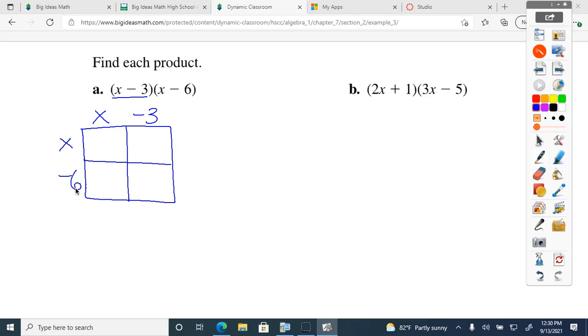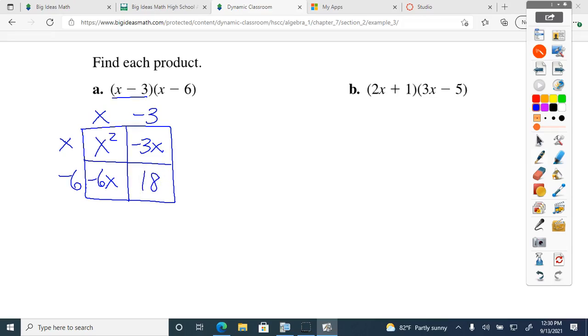So in this box, we're going to do x times x, which would be x squared. This box would be the negative 3 and the x, which is negative 3x. This box is the x and the negative 6, which would be negative 6x. And last but not least, this box would be the negative 3 and the negative 6, which make 18.